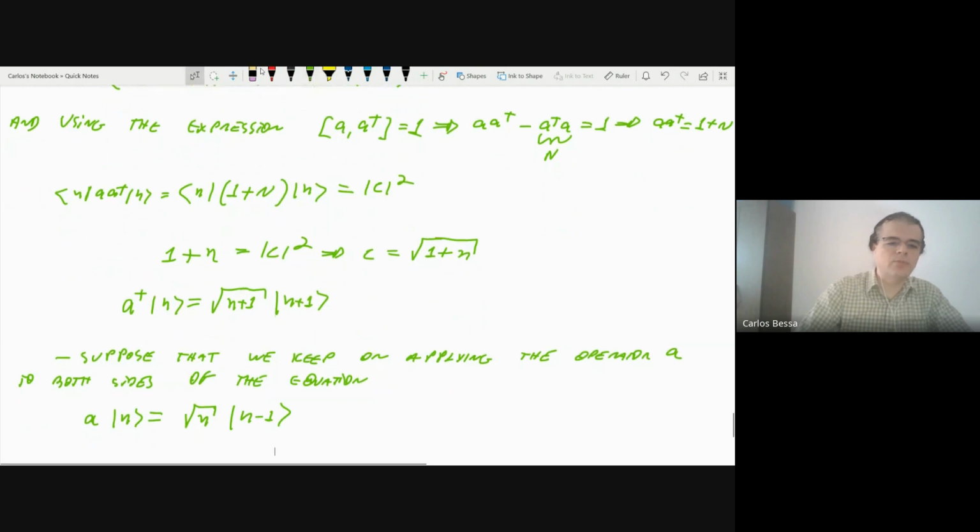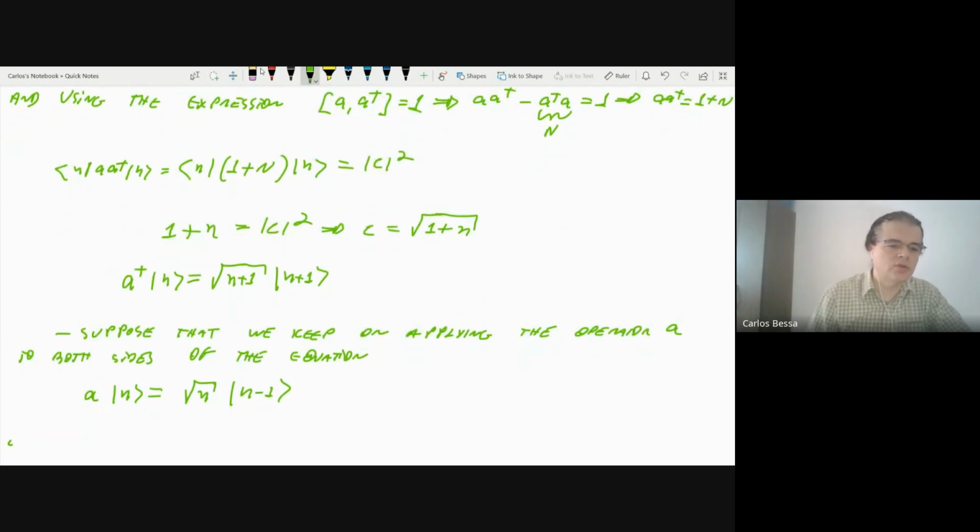Okay, but let's apply again the same operator. So I'll apply a here in both sides. So I will have something like a squared n, and this would be my eigenvalue, square root of n, times a applied to n minus 1. But a applied to n minus 1, according to this formula, I just need to substitute n by n minus 1.